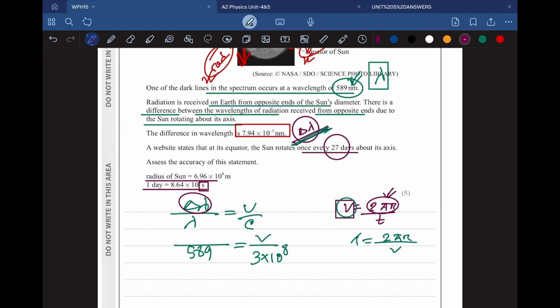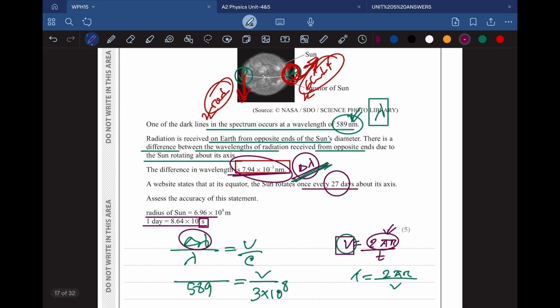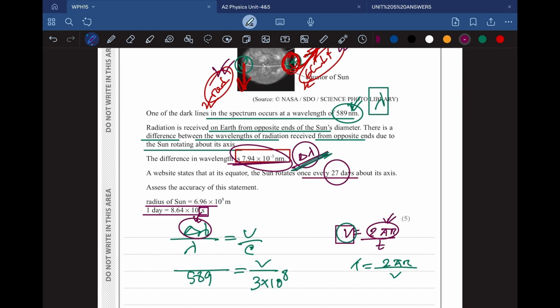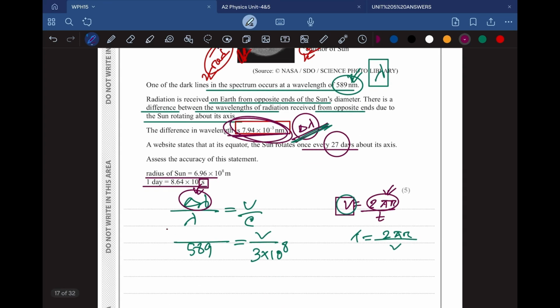So where will we get the del lambda? This is the del lambda that they have given. This is the difference in the wavelength, the difference in wavelengths of both the ends, this end as well as this end. But while figuring this out, we only need one end. This value includes both the ends, but we only need one end. That's why we'll be dividing it by 2. It will become 7.94 into 10 to the power minus 3 divided by 2.